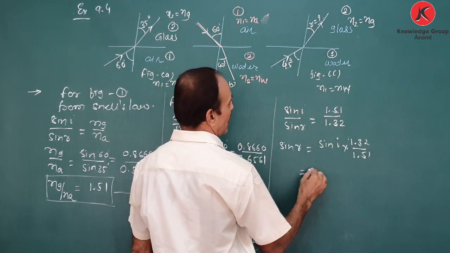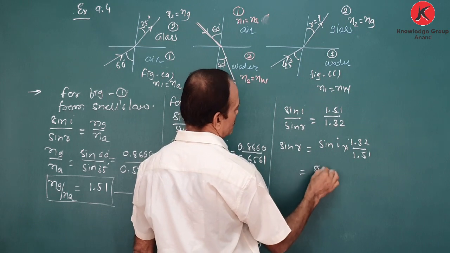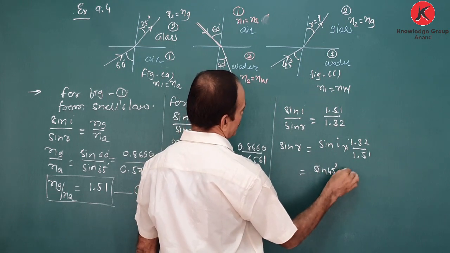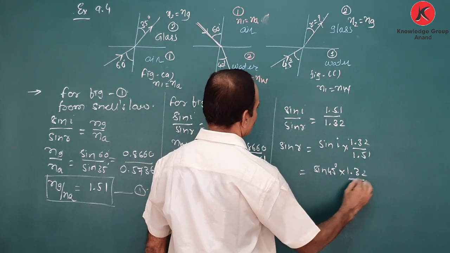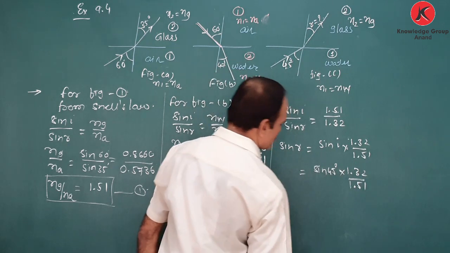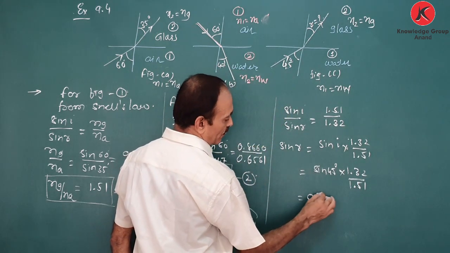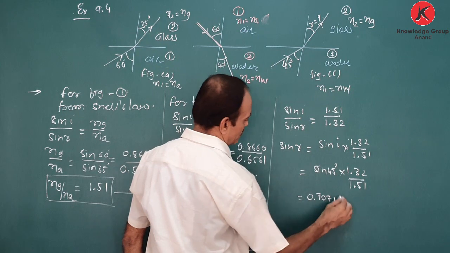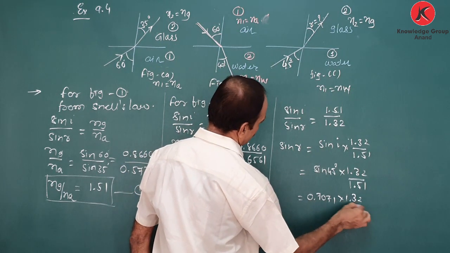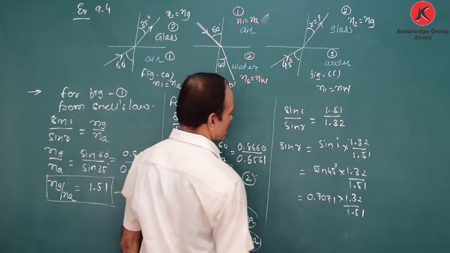Sin i is sin 45, so sin 45, which is 0.7071, into 1.32 upon 1.51.